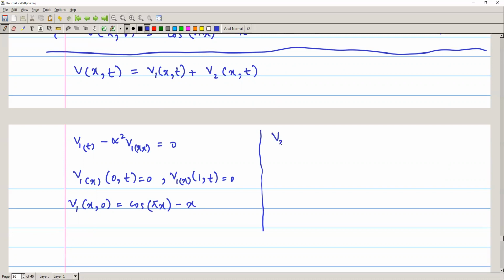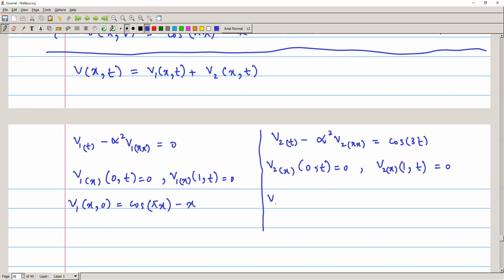And for v2 it will be v2_t minus alpha squared v2_xx is equal to cosine 3t. And similarly the boundary conditions will be v2_x(0, t) is equal to 0, v2_x(1, t) is equal to 0, and then v2(x, 0) is equal to 0.